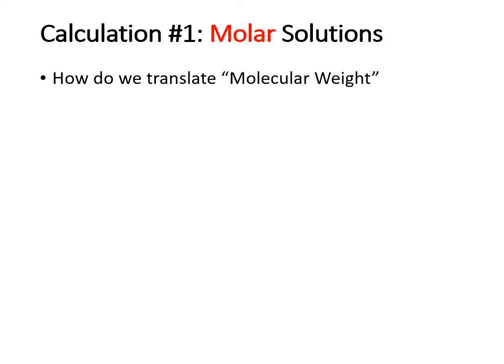Now, the first one we're going to cover is called the molar solutions. That's kind of like in that previous slide when you saw millimolar, for instance. That's a molar calculation that you would have to make. The first thing that I mentioned when we talk about making molar solutions is how do we translate molecular weight, because that's going to play a major role in calculating molar solutions.